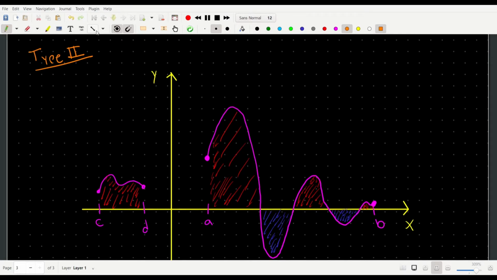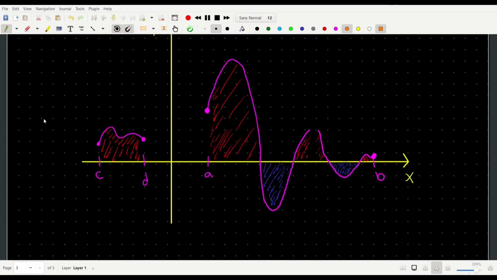This is where the function has a discontinuity at a given point and extends along that discontinuity either to infinity or negative infinity on each corresponding side of the discontinuity.